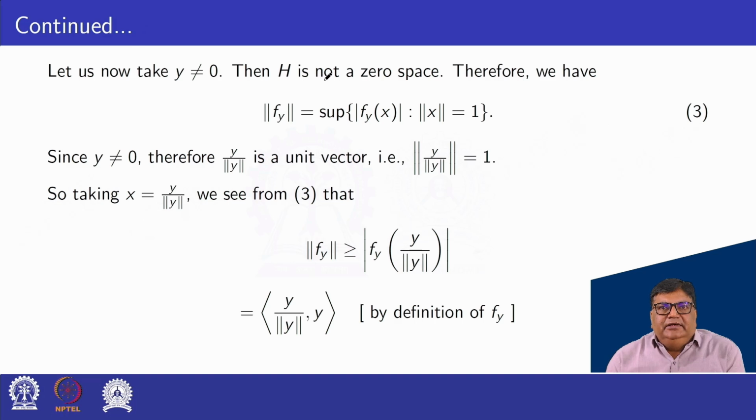Then H is not the 0 space. Therefore, we have the norm of fy equal to the supremum of mod fy x such that norm x is equal to 1. Okay, this is the definition of the norm of a linear functional. Since y is not equal to 0, y upon norm y is a unit vector.